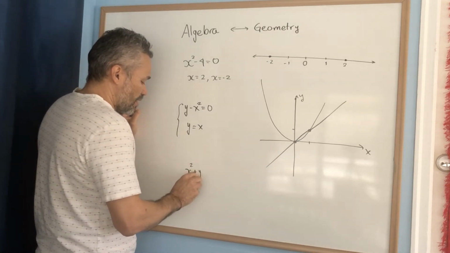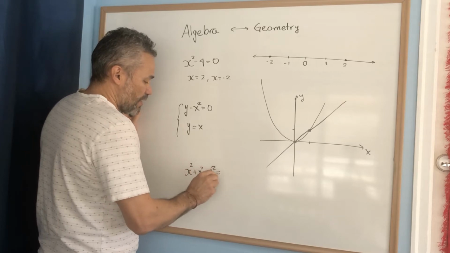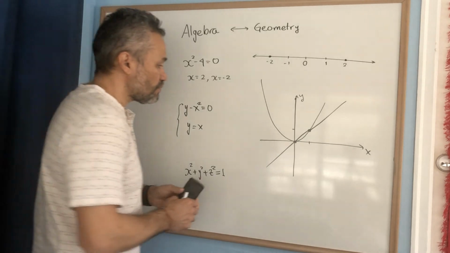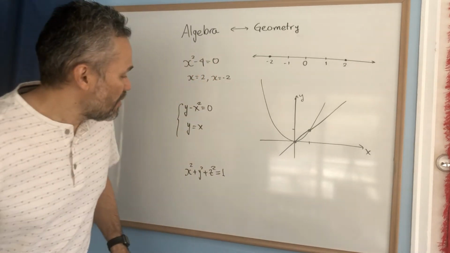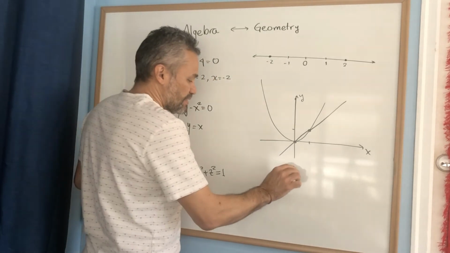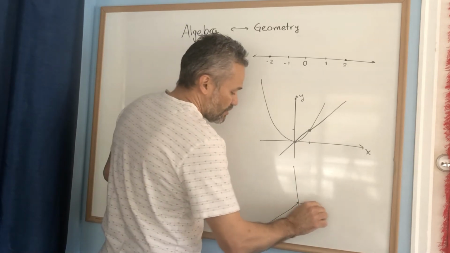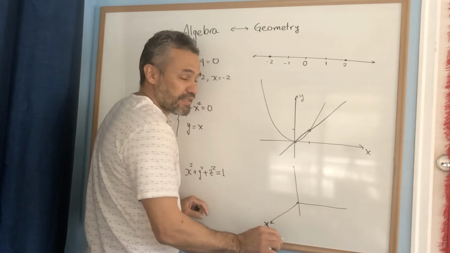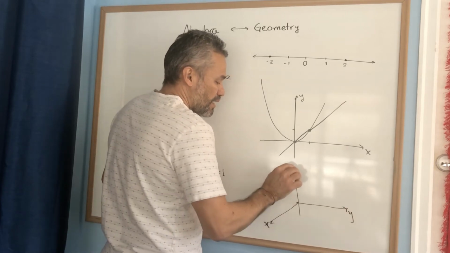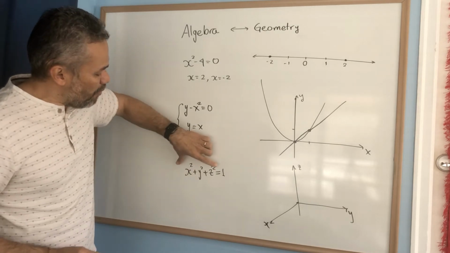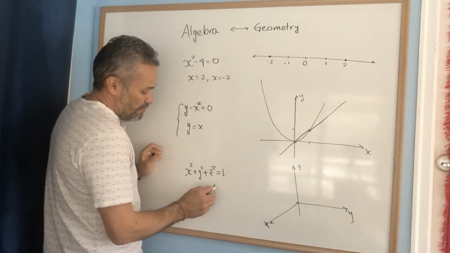When we have something like x squared plus y squared plus z squared equals 1, if we have 3 variables, then we need this space to represent the geometry that comes with this algebraic equation. We have x, y, and z, and if we try to draw all the points that satisfy this equation, let me show you some.